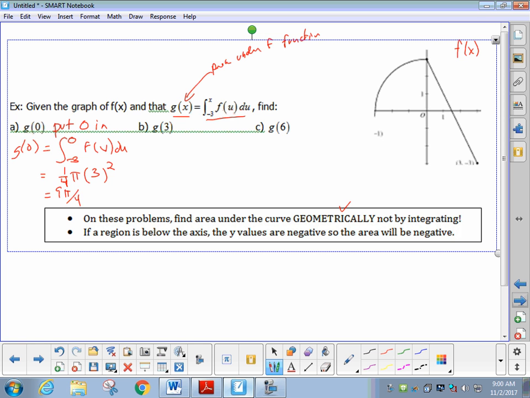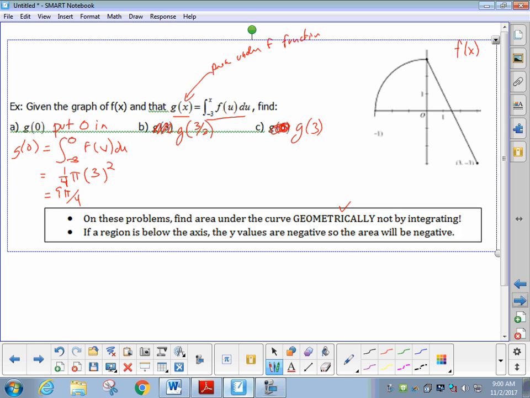Would you then try, oops, this is not g of 3, this is supposed to be g of 1.5 or 3 halves, and g of 3. Okay, so g of 3 halves.